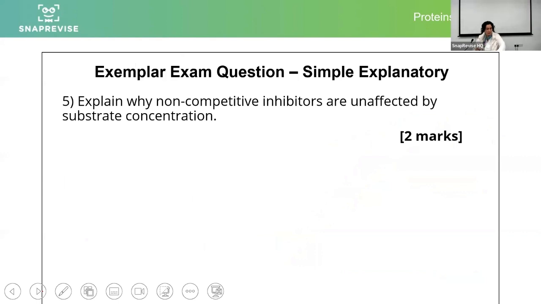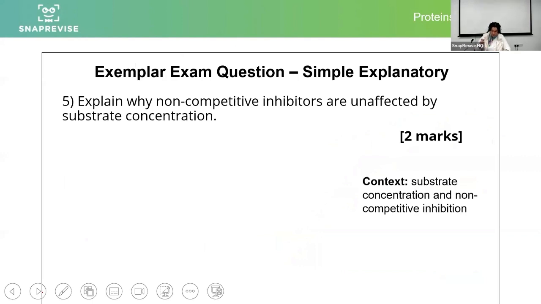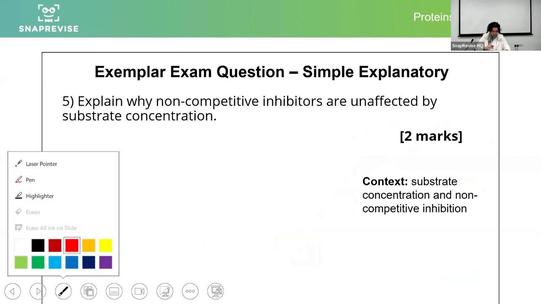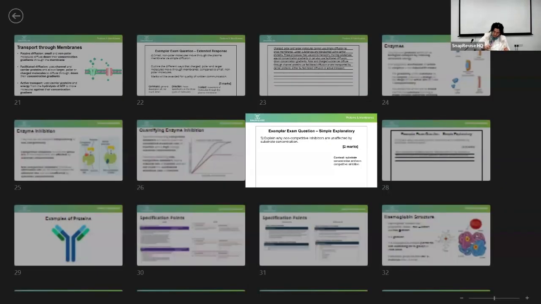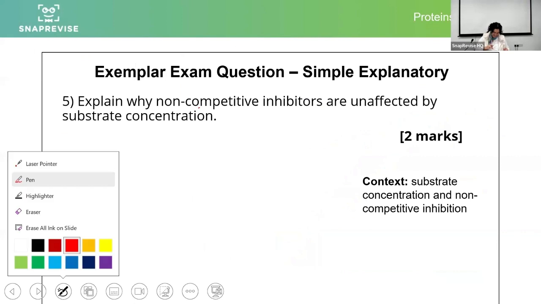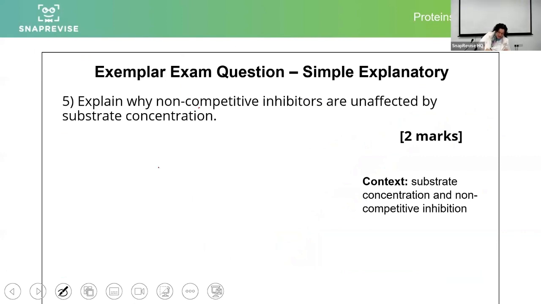Let's see an example question. It's a relatively short one. Sometimes they can be a bit longer. Of course, my command word here is explain. Explain why non-competitive inhibitors are unaffected by substrate concentration.